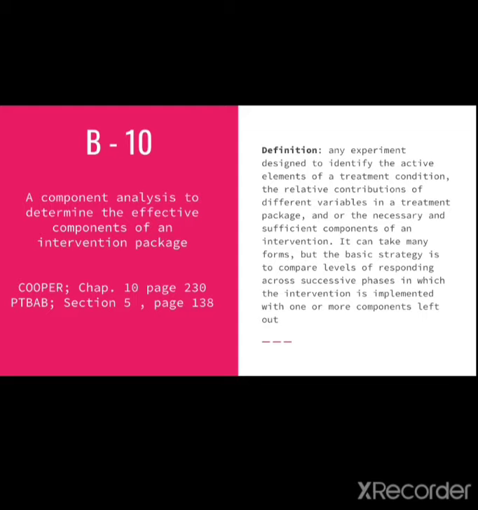B-10, component analysis. So component analysis can be used when you're using combined graphs or combined types of designs. So for instance, if you are looking at 3 different types of designs, say DRA, DRI, and DRO, you're going to put this within a component analysis and see which one works the best.